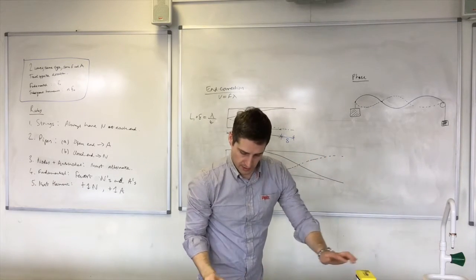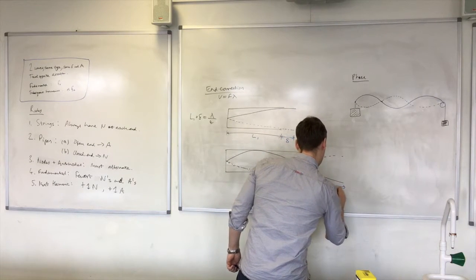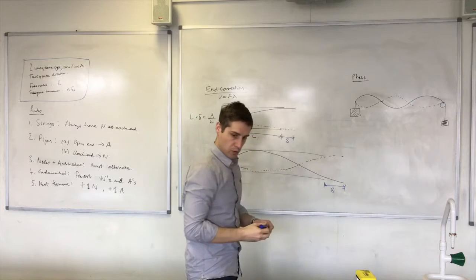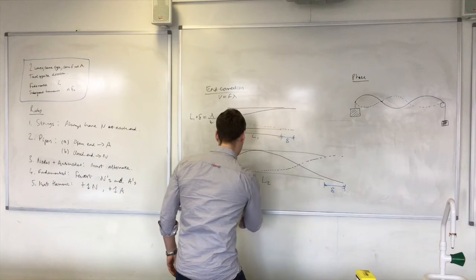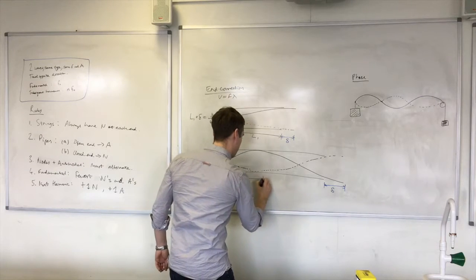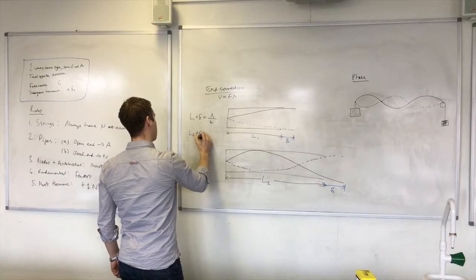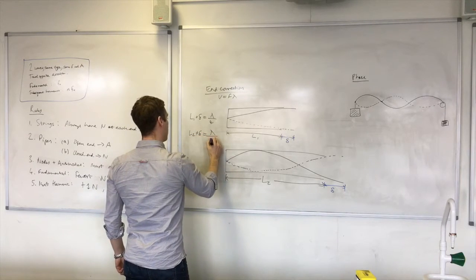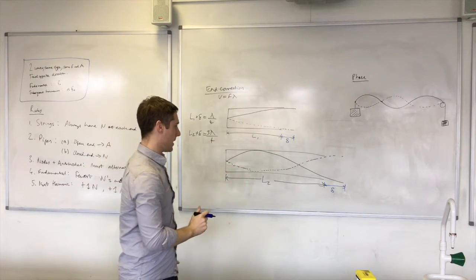Now, if you assume that the two end corrections are the same, which they will be roughly, then this new length is L2. So you get L2 plus delta is equal to 3 lambda over 4, because you've got 3/4 of the wavelength there.